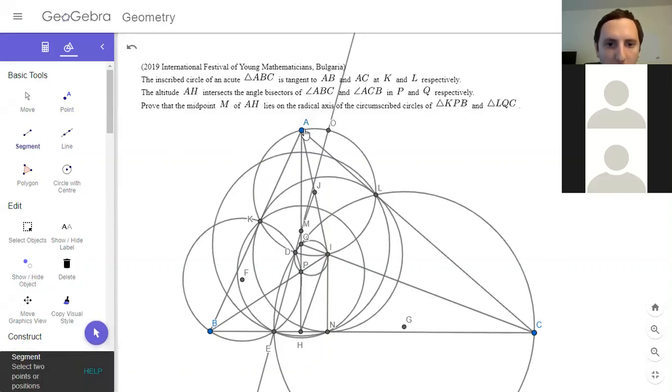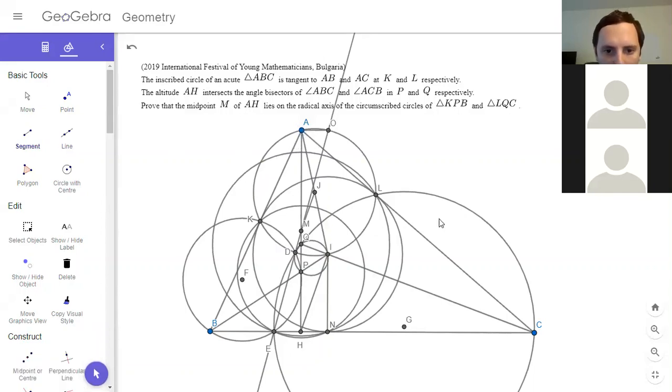Okay. And AO is also parallel to BC. Let's think about this. Yeah, because J is the center of the circle. Let's see.